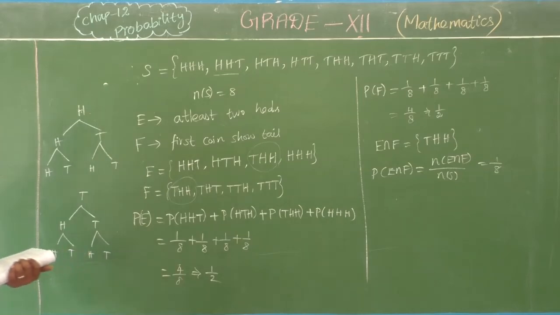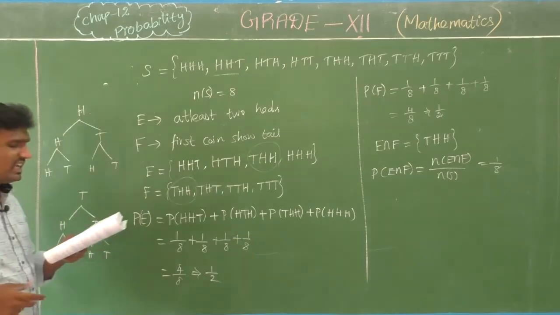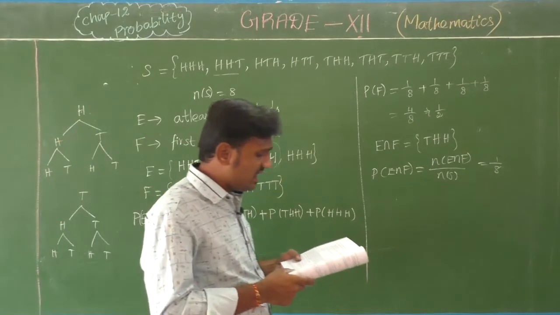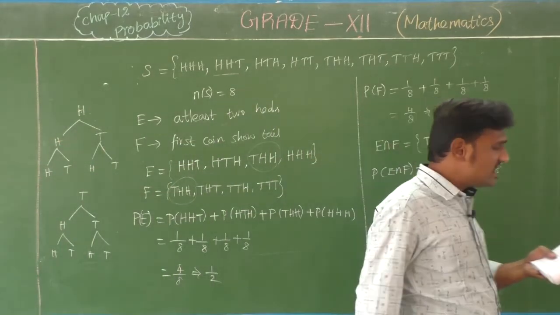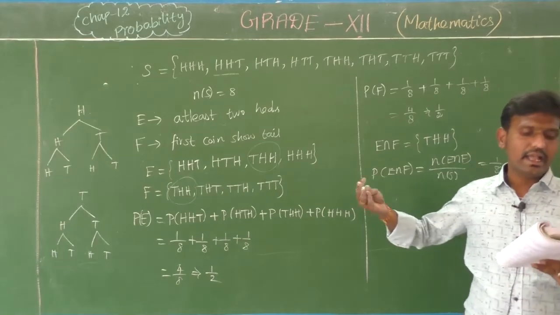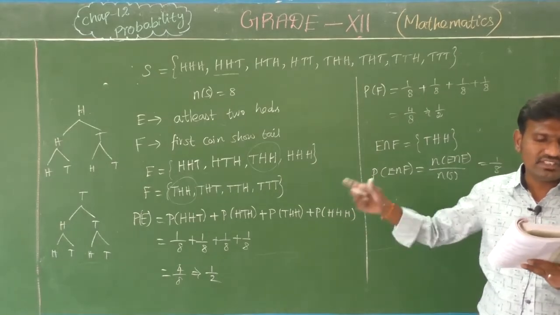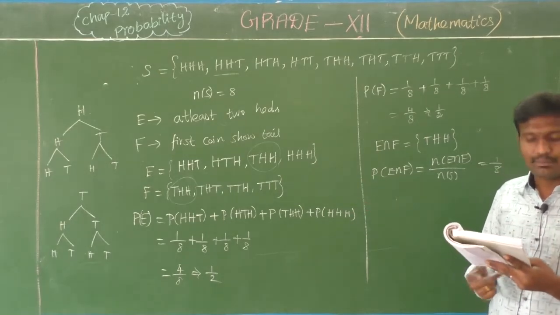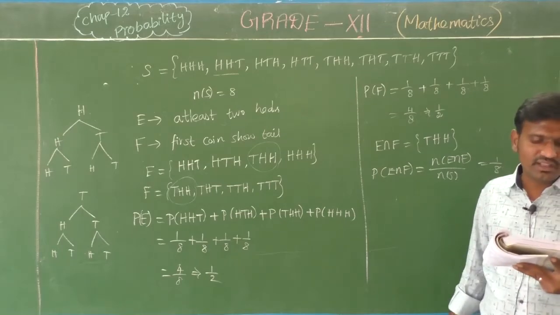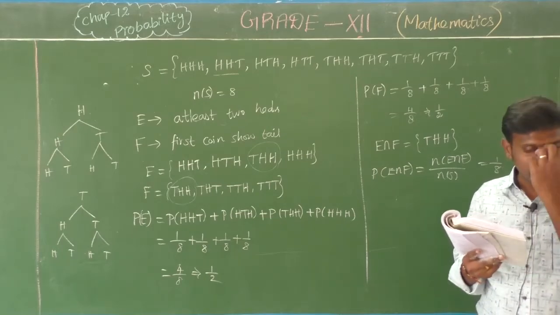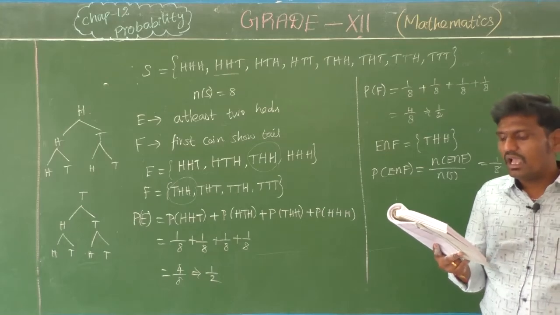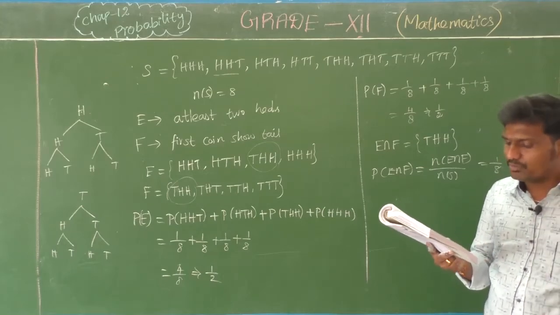Okay, so listen. Why I am giving this is, suppose we are given that the first coin shows tails, that is F occurs, then what is the probability of the occurrence of E? Simply put, the probability of event E, considering F as the sample space, is 1 by 4.